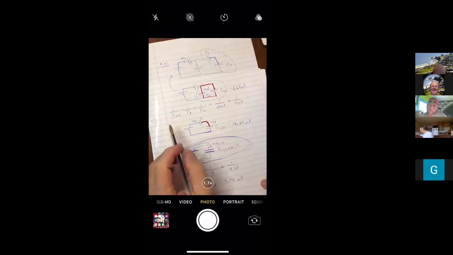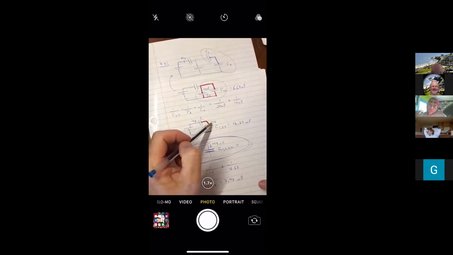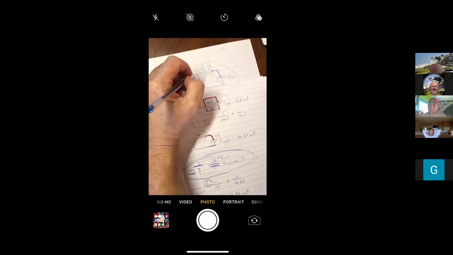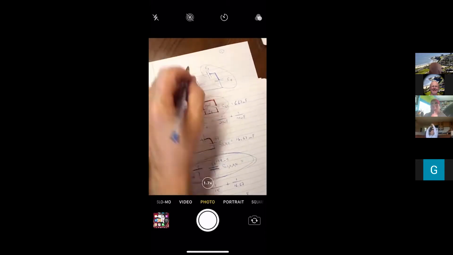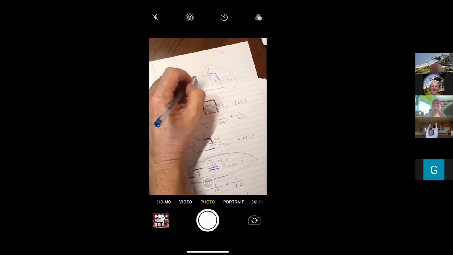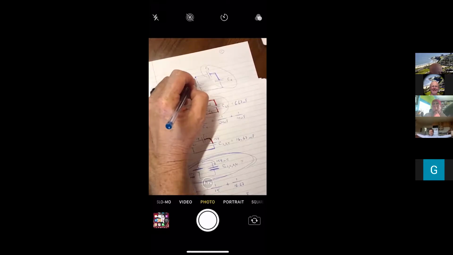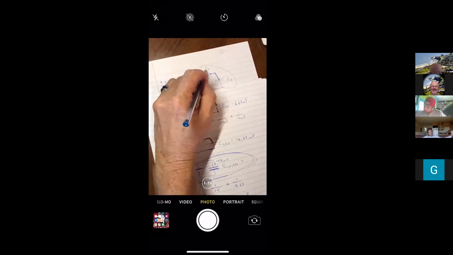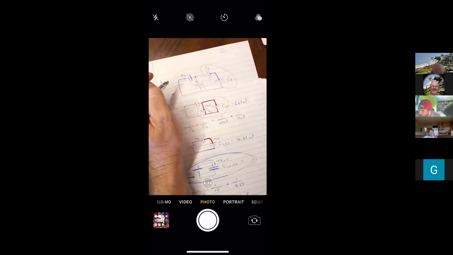Now, I'll admit that doesn't really help me with the real circuit, because when I come back to the real circuit, if 158 are coming off of capacitor number 1, and this is what your question was leading to, this little node is a split, and some of the charge is going to go over here to capacitor 2, and some of it is going to go to number 3.